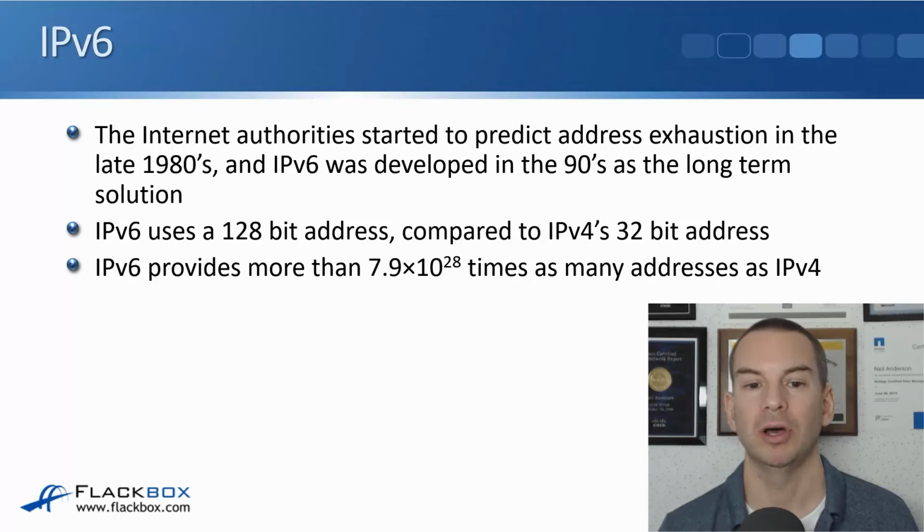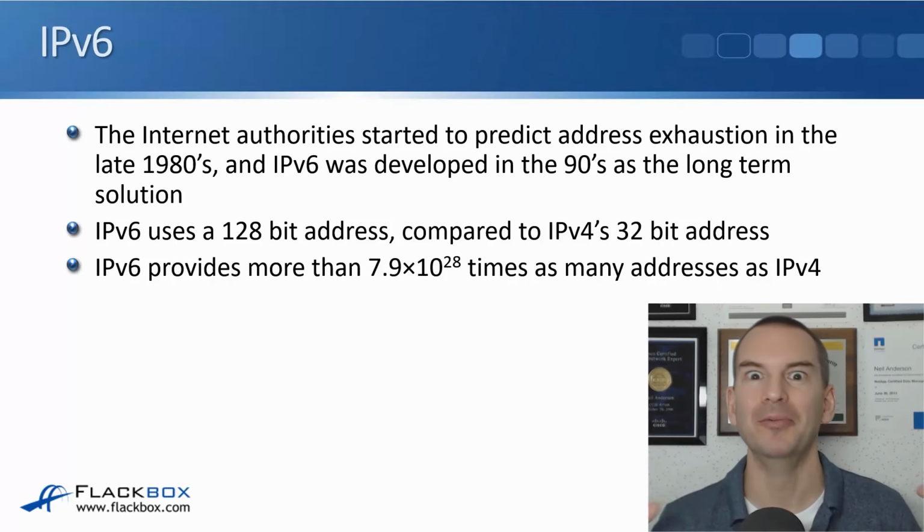IPv6 uses a 128-bit address compared to IPv4's 32-bit address. So the address is 4 times as long when you write it down, but it's not just a 4 times bigger address space. IPv6 actually provides more than 7.9 times 10 to the power of 28 times as many addresses as IPv4.